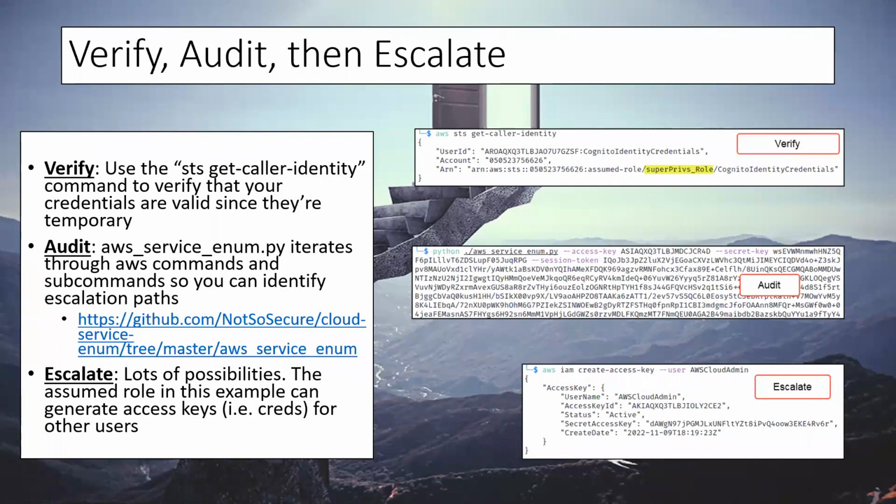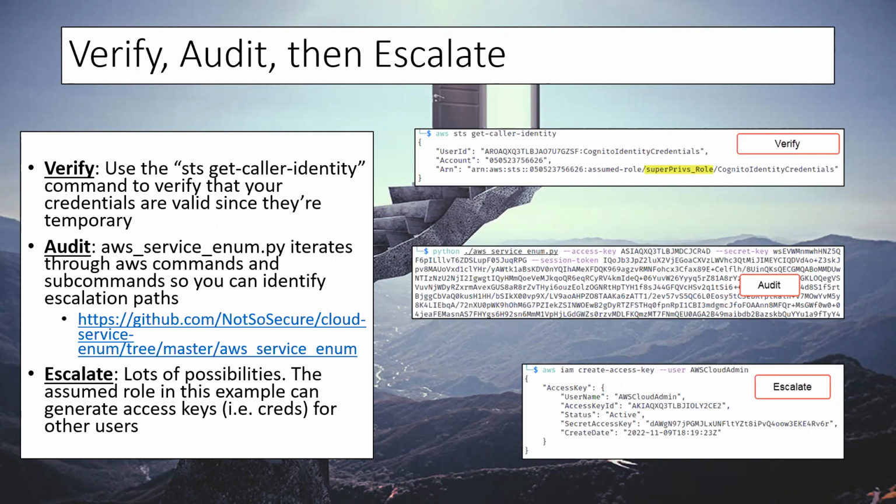So the audit step, there are lots of different tools. There's the one in this screenshot, AWS Service Enum. There's Weird AAL, a whole bunch of tools out there. Pacu from Rhino Security Labs is a really cool tool. Lots of tools out there to audit AWS.